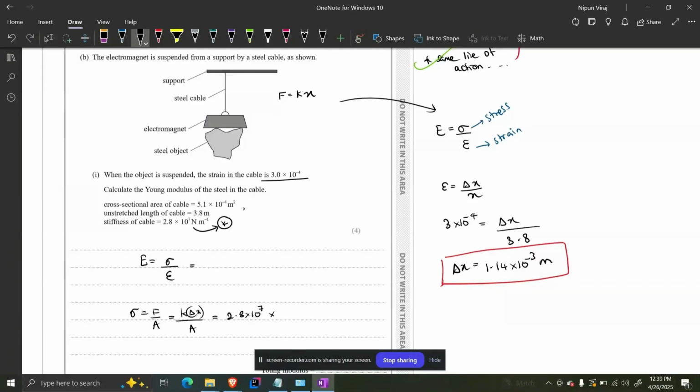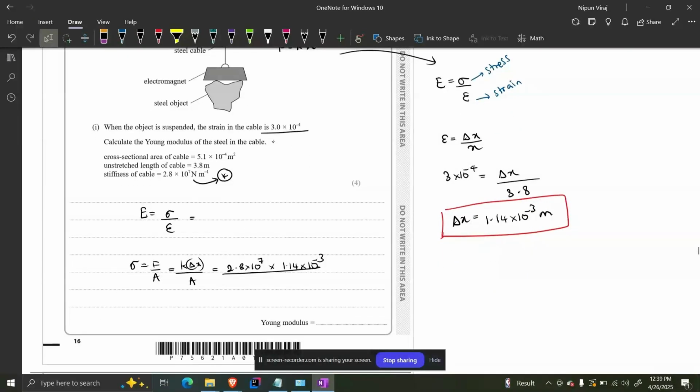Now we have found this delta x, 1.14 into 10 to the power minus 3, divided by the area, 5.1 into 10 to the power minus 4. So that way we can first find the stress. To find the stress, we found the extension using the strain equations. So we get the force and simply the stress as 6.26 into 10 to the power 7 pascals.